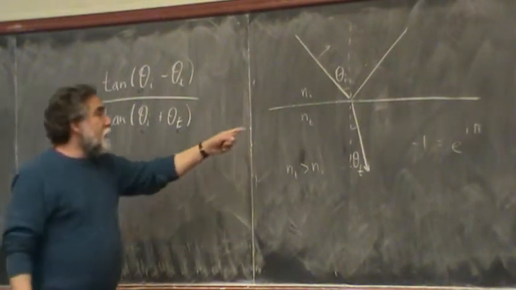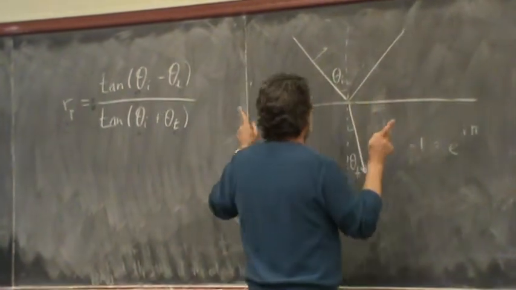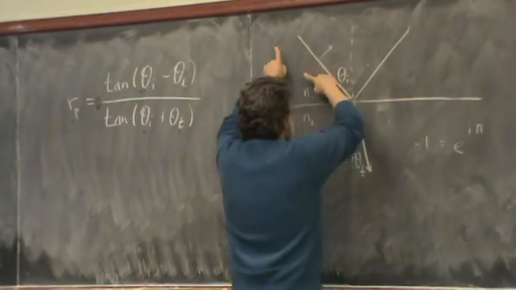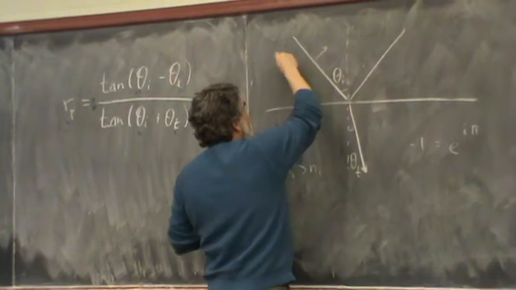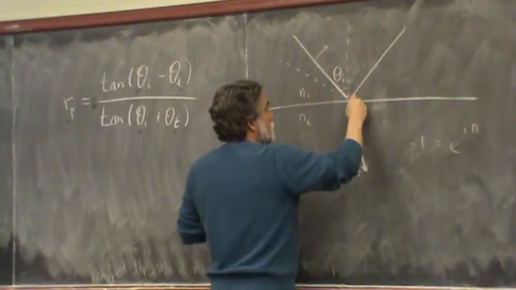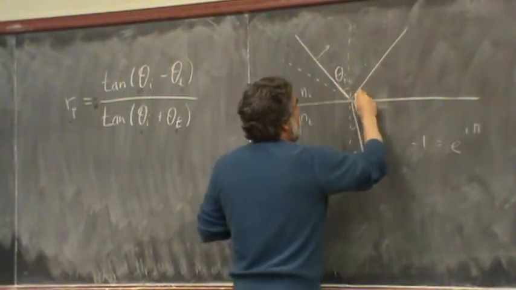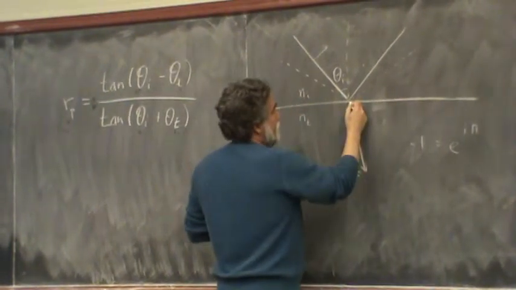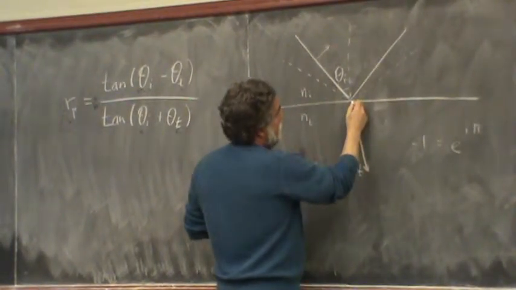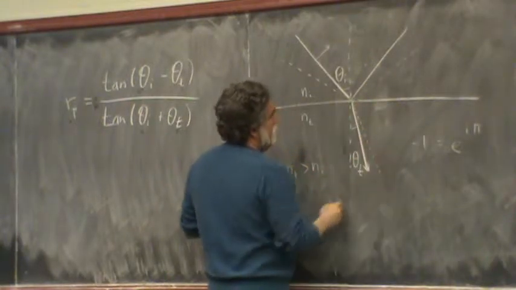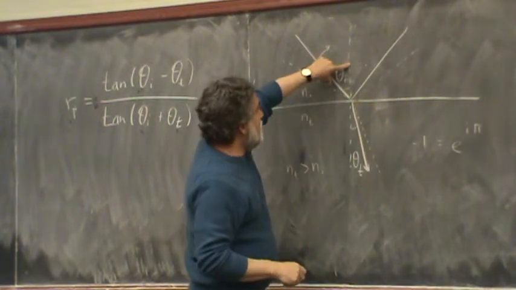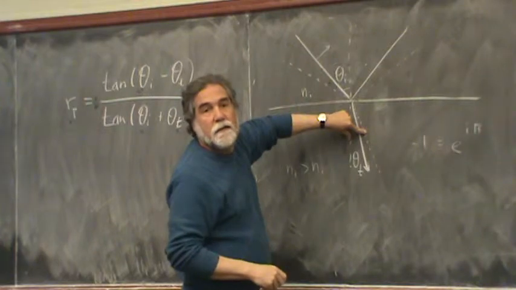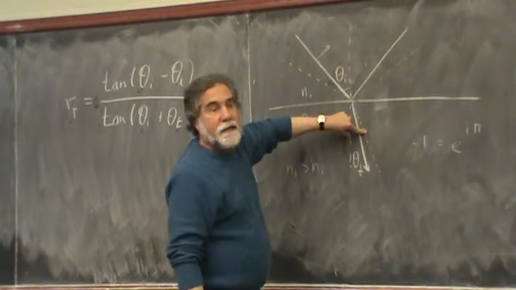Okay. Then, as we increase this angle, right? Let me just draw it here. Then I'll get a reflected angle that's going to be equal and opposite. And I'm going to get over here, for example, and I'll get an angle like so. And this plus this will be greater than 90 degrees.